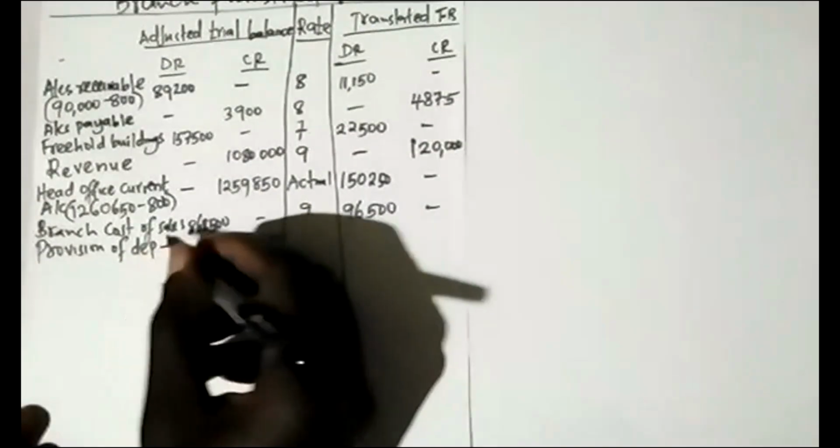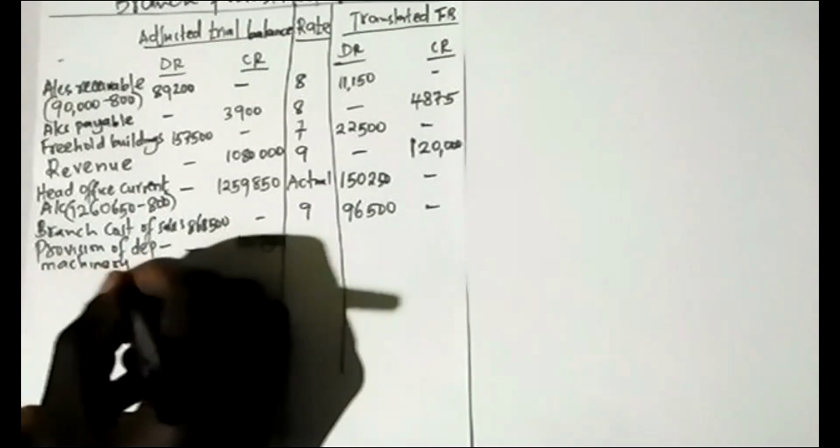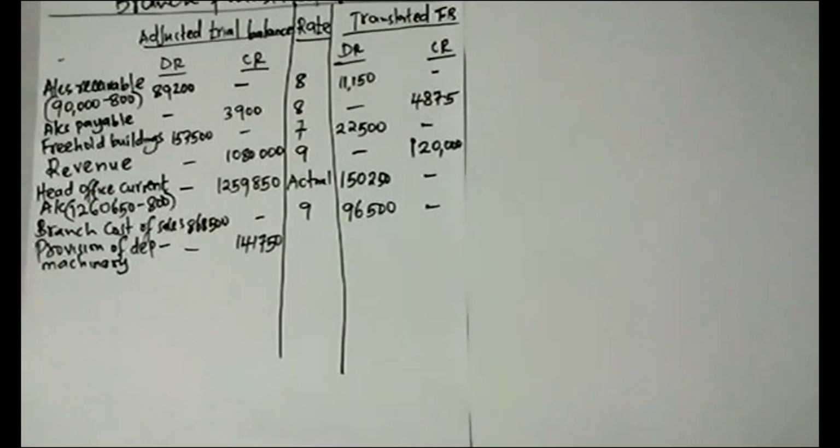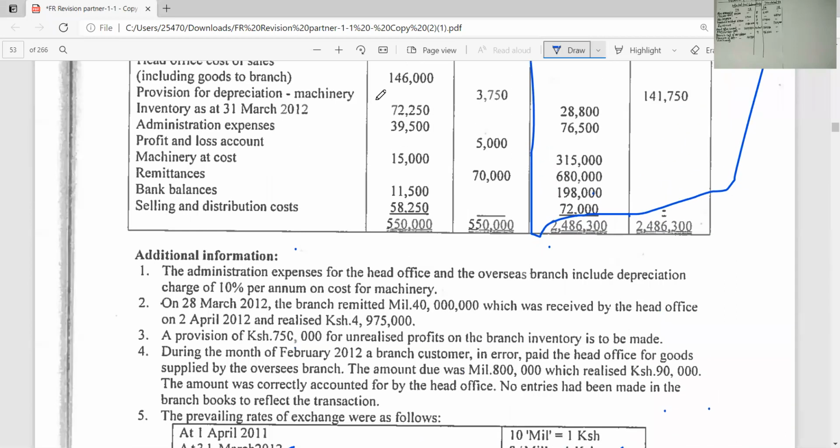And remember, this one is concerning machinery. Provision for depreciation of machinery.